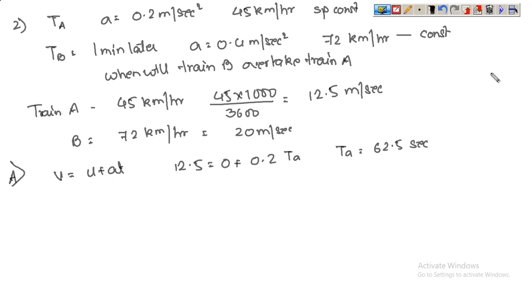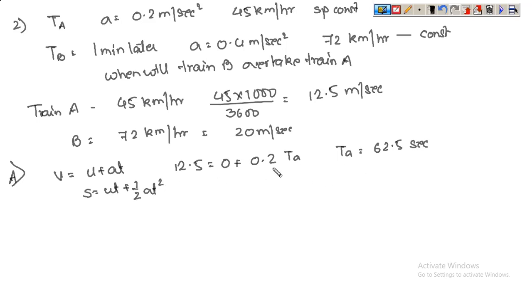So the accelerating distance: during acceleration, this train will also travel some distance. So s is equal to ut plus half at square.